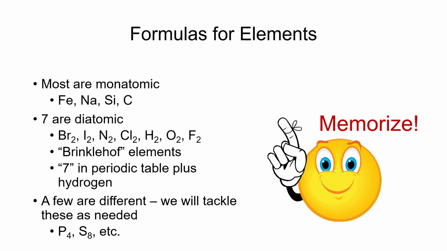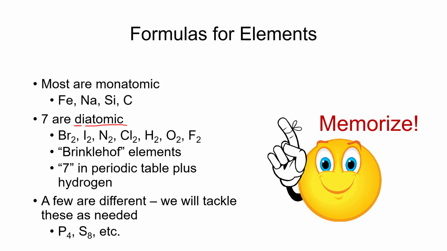So to wrap that up, when we're going to write the formulas for just an element all by itself, most of the elements are monatomic, which means we just write them as one atom. We just write Fe for iron or C for carbon. In addition, there are 7 elements that are diatomic. Diatomic, let's break that down. Di and atomic.